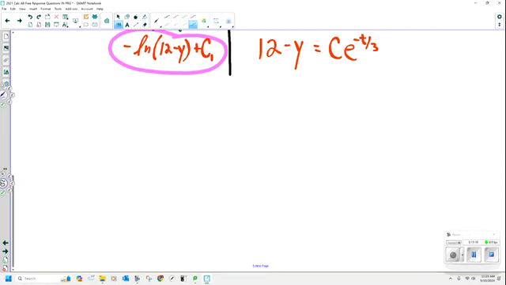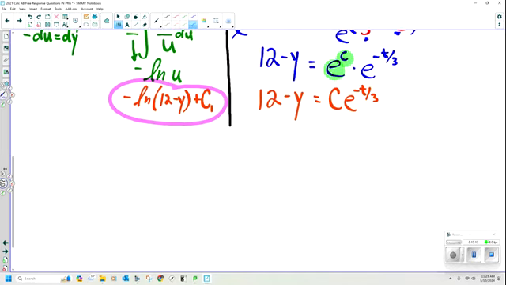This part is taking a while. 12 minus 0 for y equals c e. This t right here is going to be 0, 0 over 3. So that means anything to the power of 0 is just 1. 1 times c is c. Therefore, c is 12. I need to put that back into my equation.